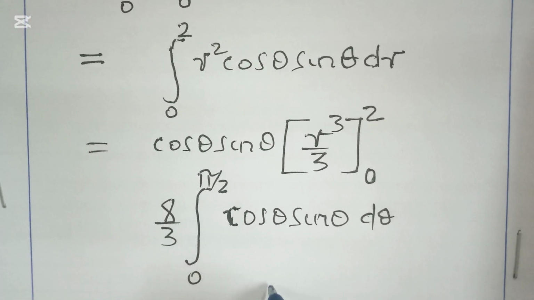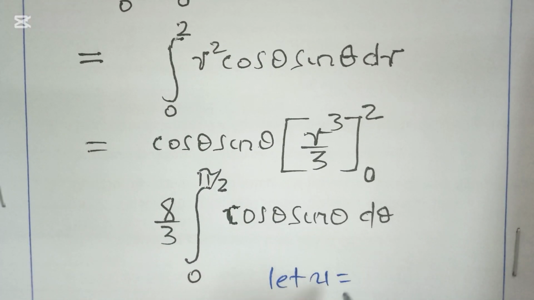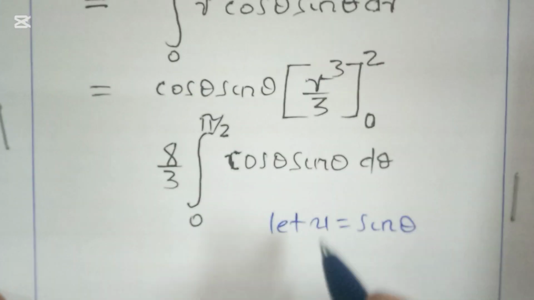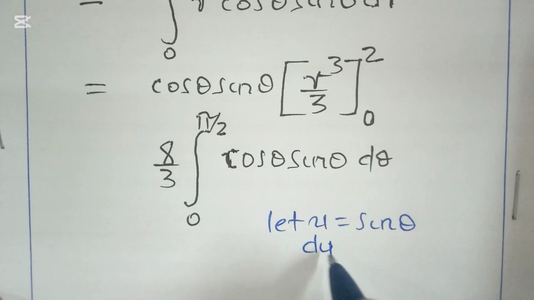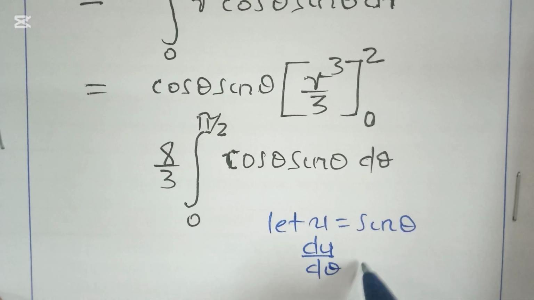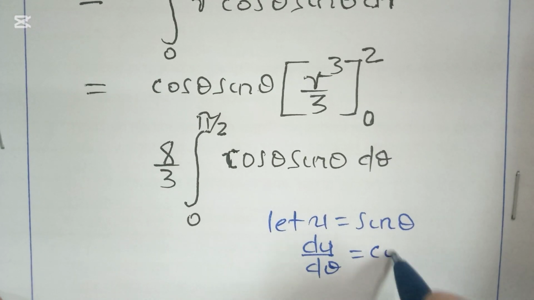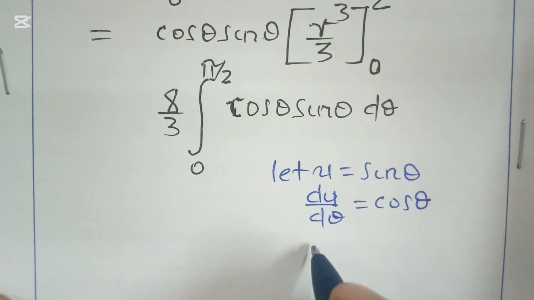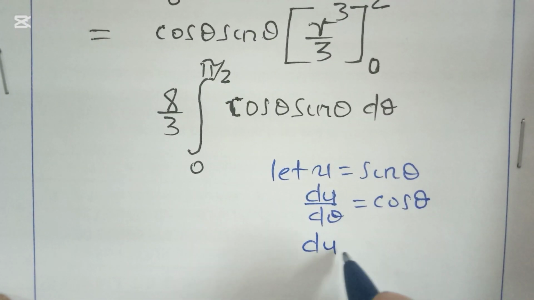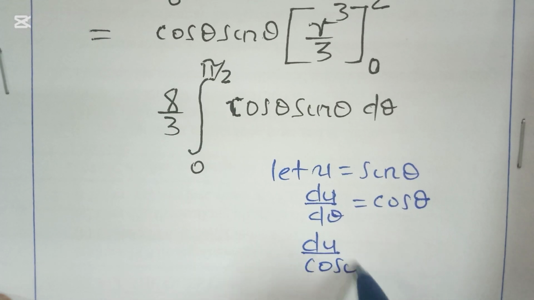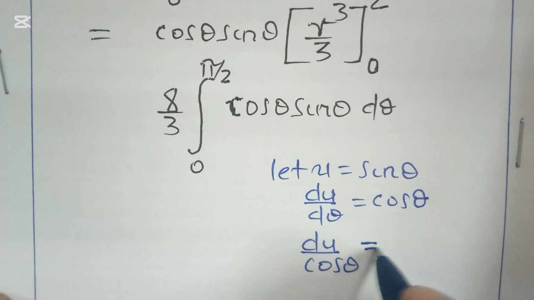So let u be equal to sine theta. So du d theta is equal to cos theta. And therefore we are going to have du over cos theta is equal to d theta.